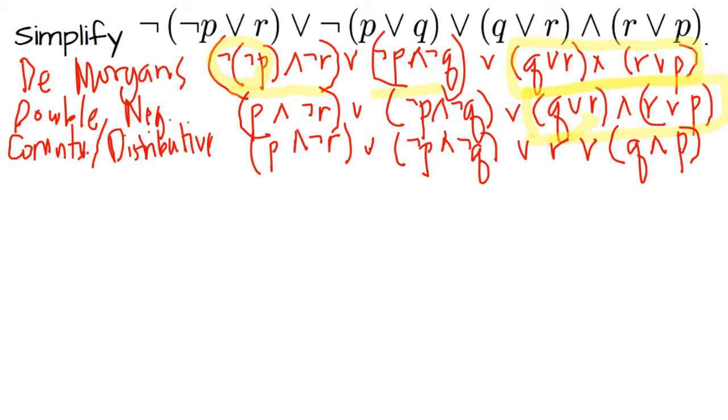So now we have four terms. One is R, and we could associate R with the first term, and distribute. So associate and distribute.